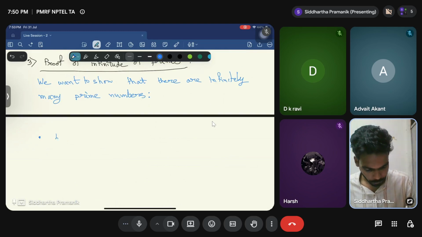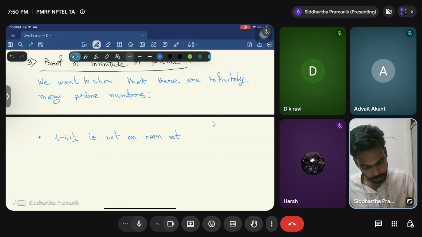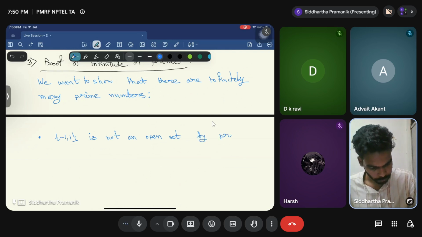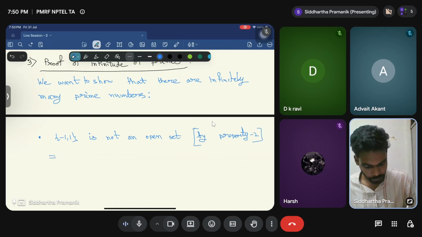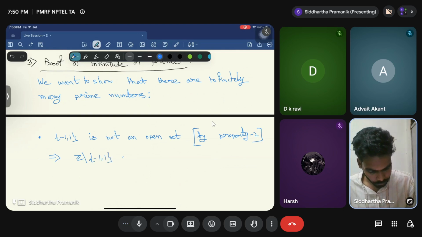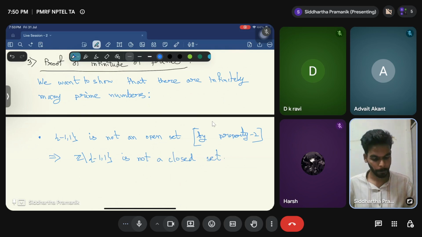So minus 1 comma 1 is not an open set by property 2. So this implies its complement cannot be a closed set. So Z minus {minus 1, 1} is not a closed set. This is the first thing.